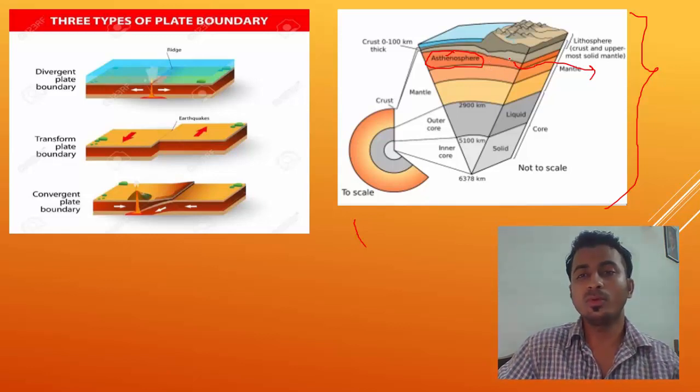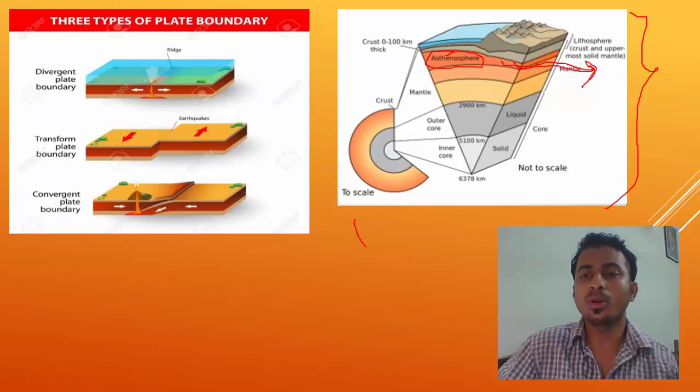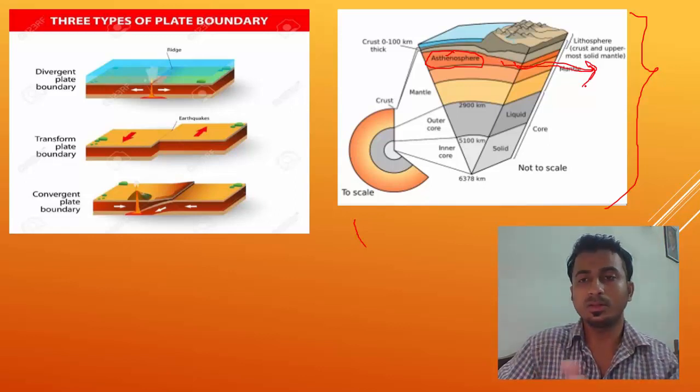But if the density is less, then it will float. So the density of crust is less than asthenosphere, so it floats. And how do mountains move or how does land move? They move on this molten asthenosphere. Just like a boat will move on a river or an ocean.